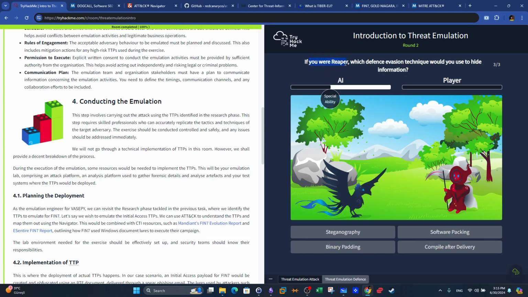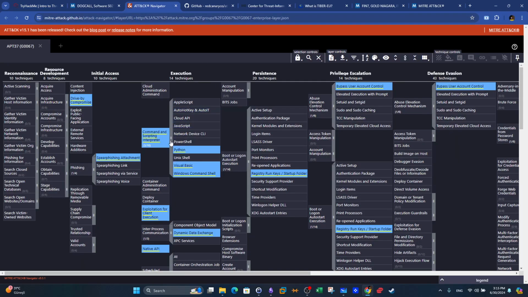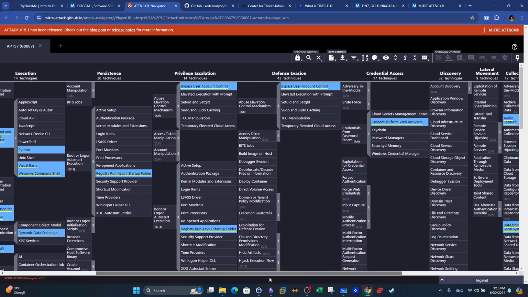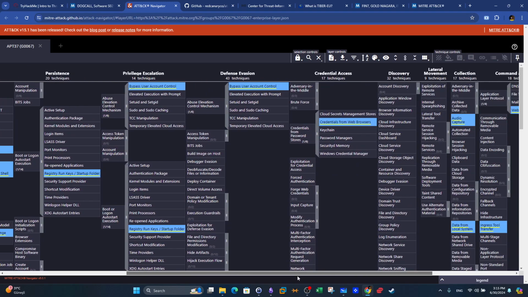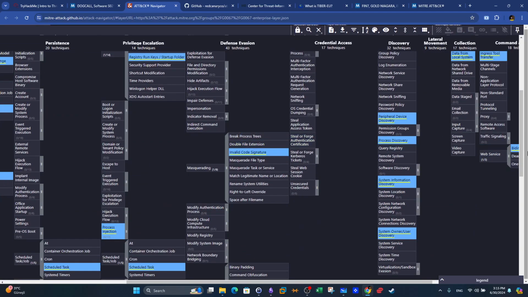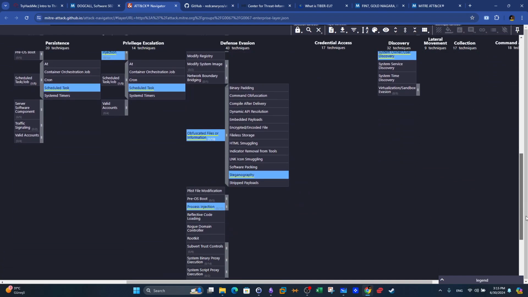If you were Reaper, I am not, which defense evasion technique would you use to hide information? Back to the navigator. I'm going to go to defense evasion. We have 43. That's overwhelming. Bypass user account control, invalid code signature, obfuscated files or information.